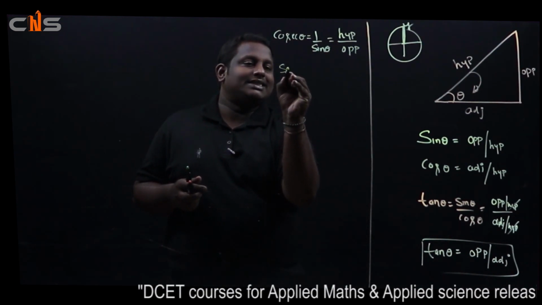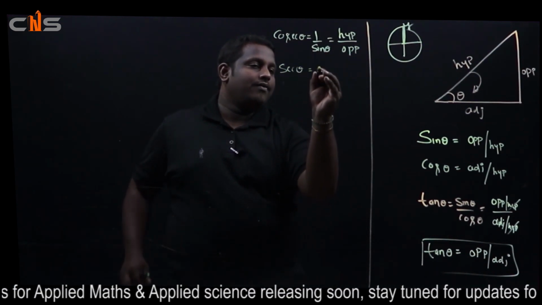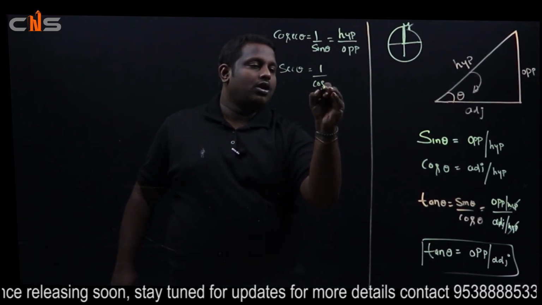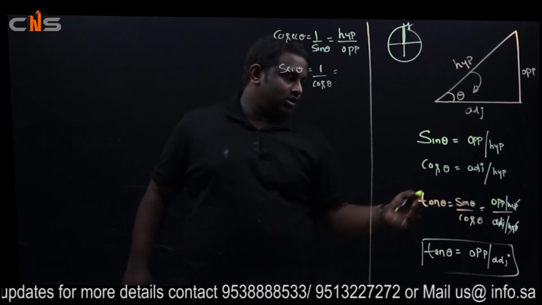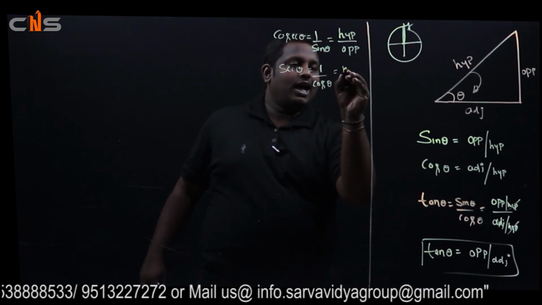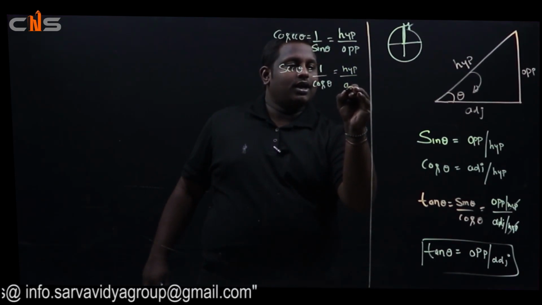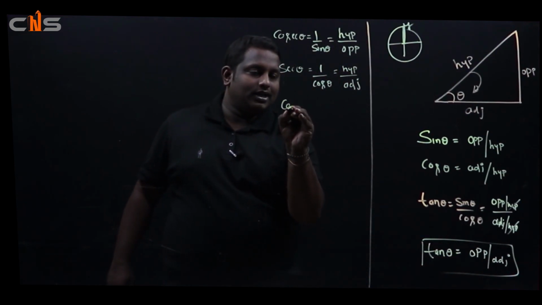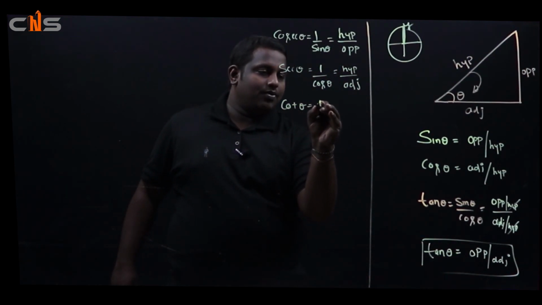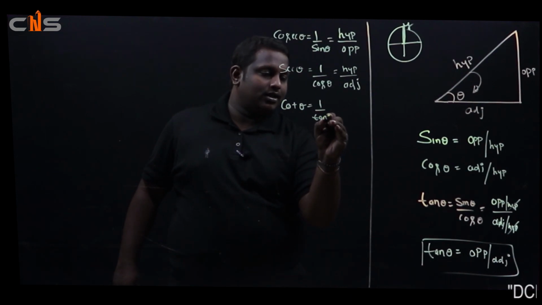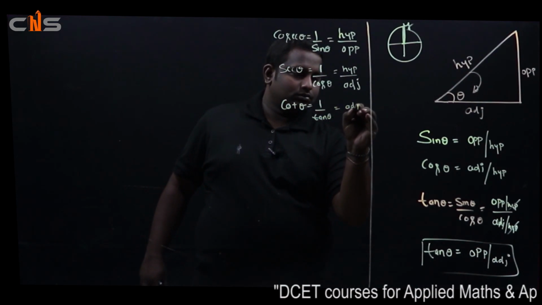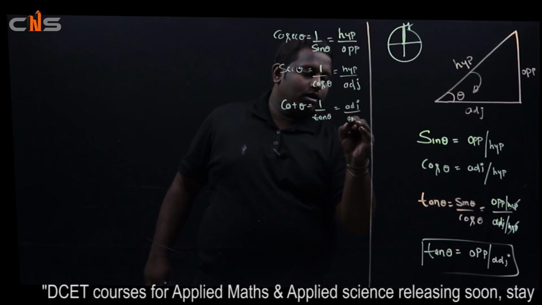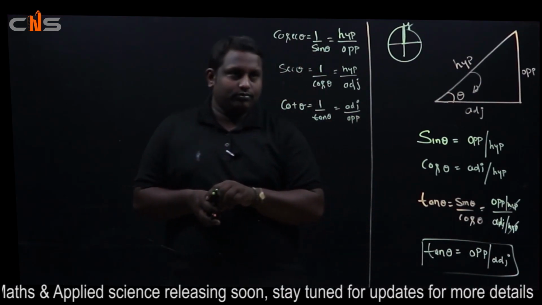Then secant theta, which is the inverse of cos theta. So what happens here? Hypotenuse by adjacent. So what about cot theta, which is the inverse of tan theta, adjacent by opposite.